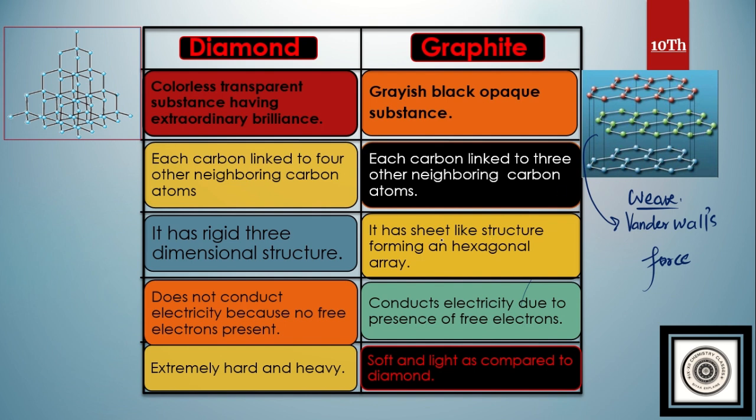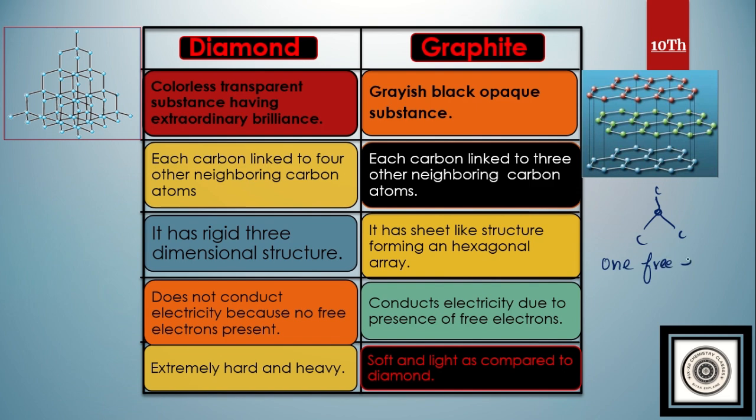So it has sheet-like structures formed by hexagonal arrays, one over another. It conducts electricity due to the presence of free electrons. Remember one more thing: in graphite, each carbon is connected to 3 other different carbons. That means each carbon has 1 electron left out of its 4 valence electrons.